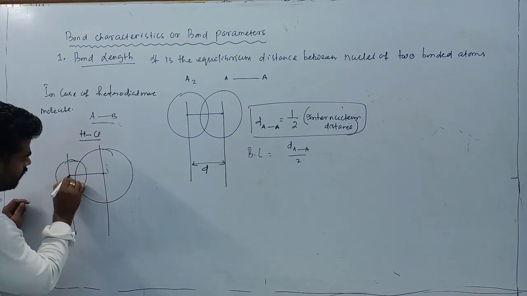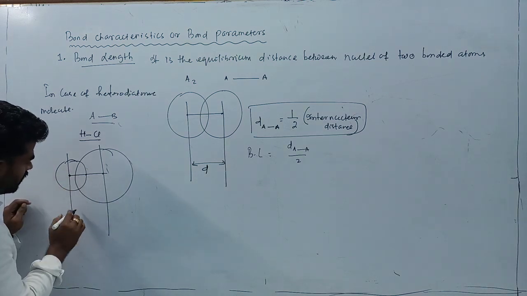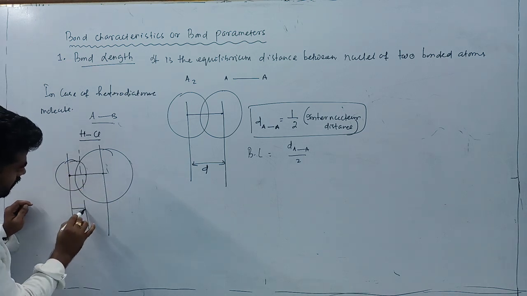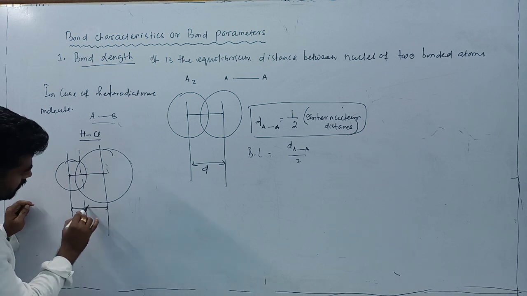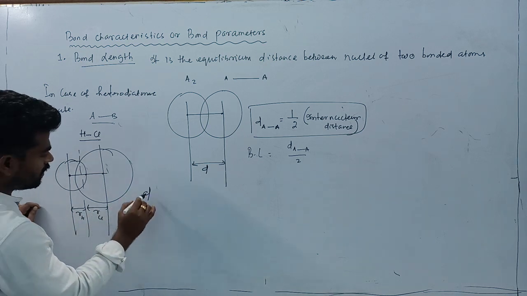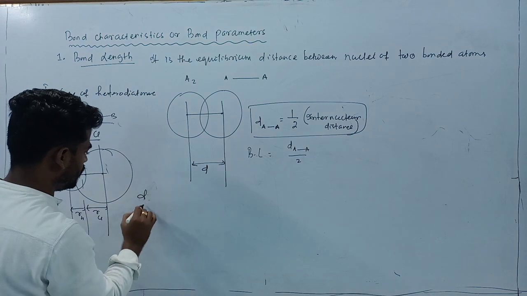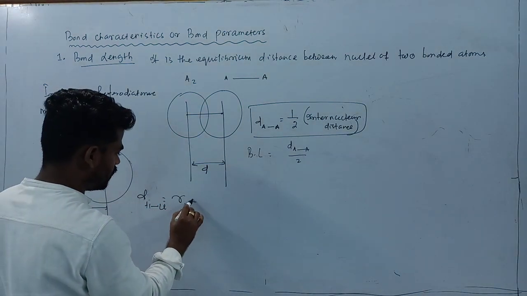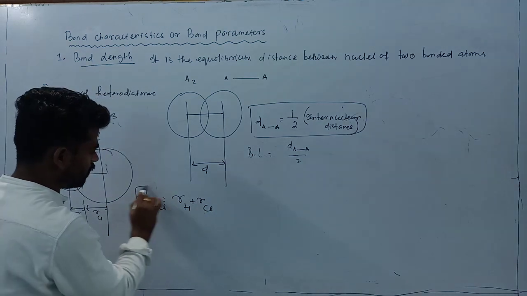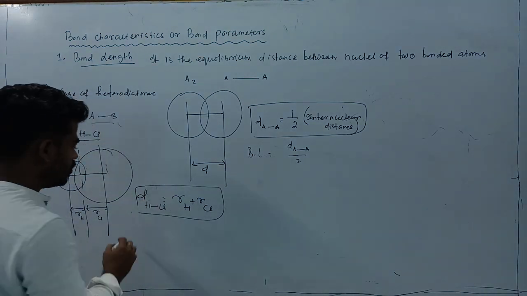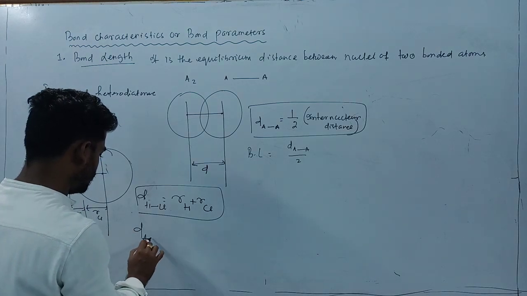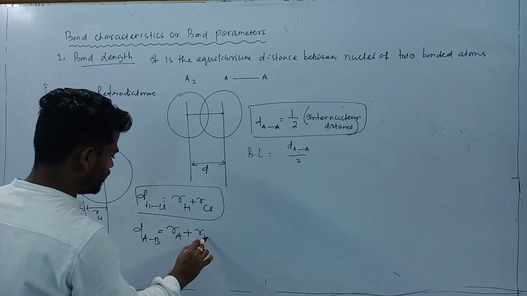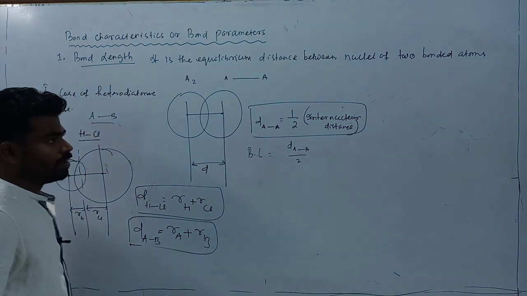From here to here is the radius of hydrogen, and this one is the radius of Cl. So the bond length DHCl can be written as radius of hydrogen plus radius of chlorine, since they have different atomic sizes. So the bond length of heterodiatomic AB will be radius of A plus radius of B. This is the expression for bond length.